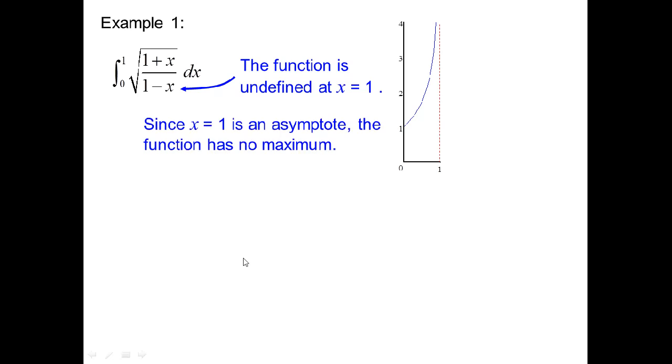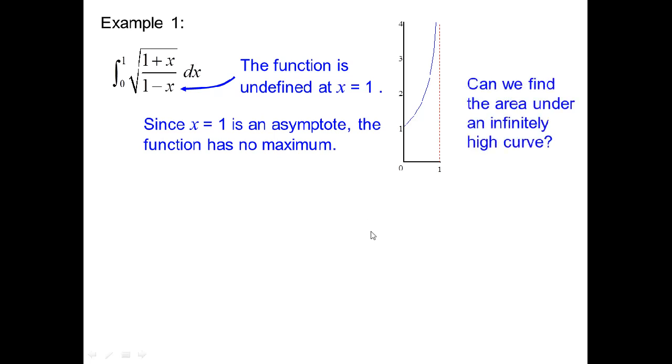But can we still actually calculate the area under this curve? Since x equals 1 is an asymptote, the function actually has no maximum. Can we find the area under an infinitely high curve?